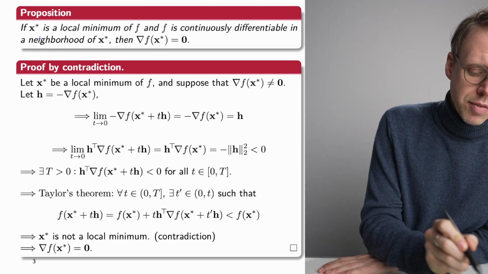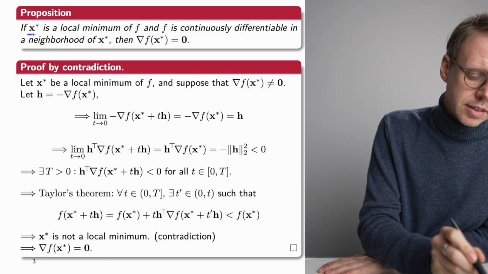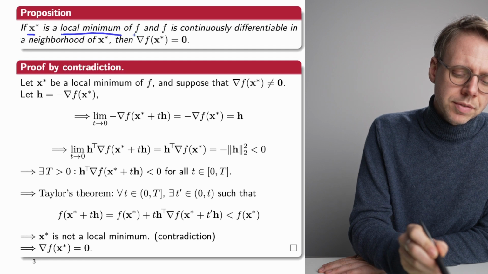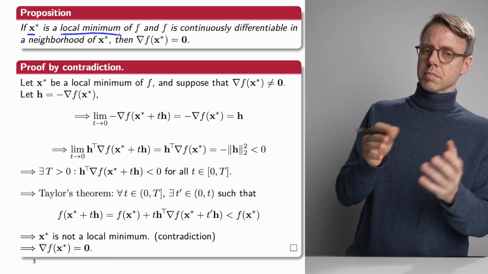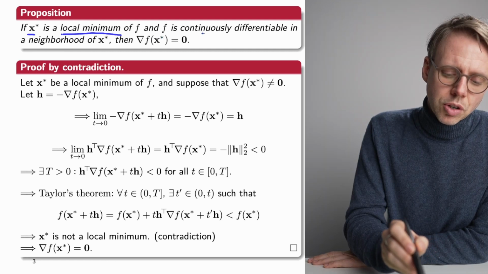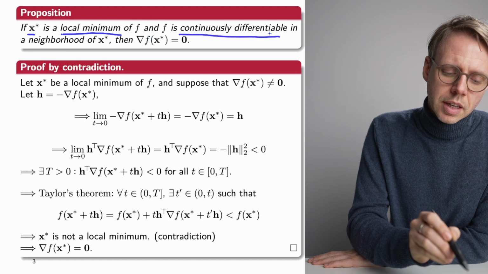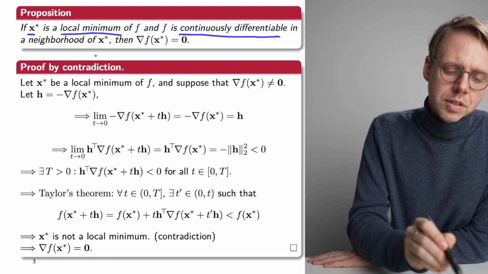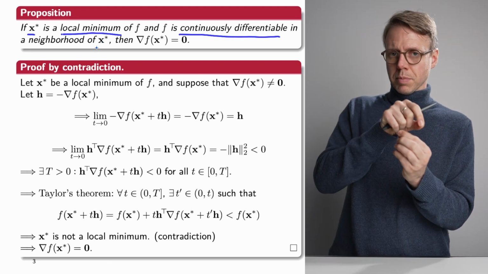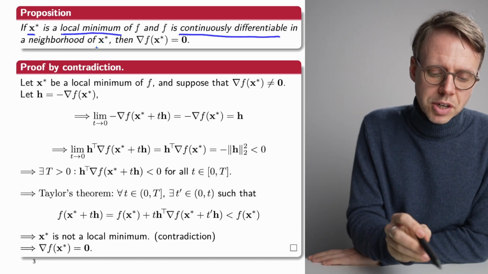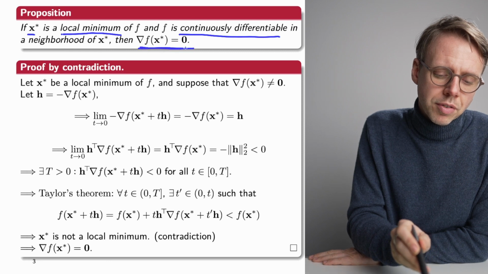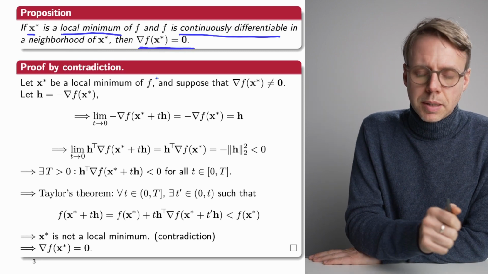The first thing is that if we have our function f, which takes a vector x as input, and we have a point x star that is a local minimum of this function. Of course, remember, we can say the same things about local optima. And if f is continuously differentiable in a neighborhood of x star, so that means that if we take x star and move a little bit around from it, it's still differentiable, then the gradient of f at this point x star equals 0.